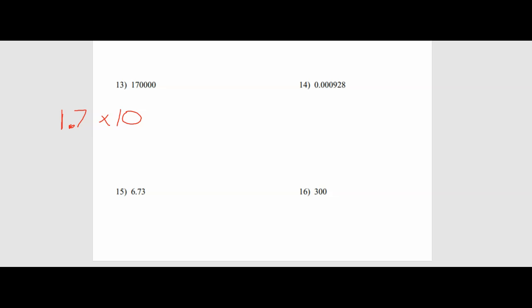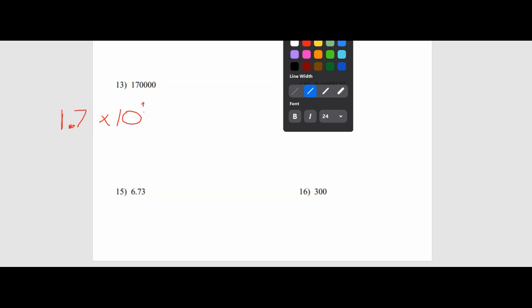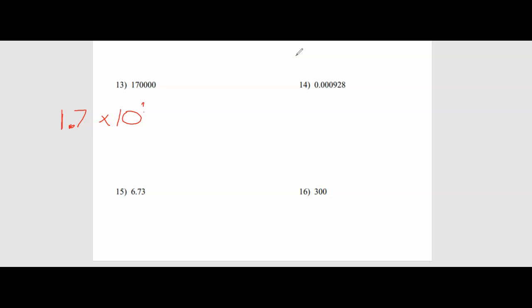Now I need to figure out what the exponent is on the 10. Is that going to be positive or negative? Well, a couple ways to think about this, but we know that our number, 1.7, is smaller than 170,000. So we're going to have to multiply by a positive exponent here. The other way to think about it is, let me just write this out a little larger. It'll make it easier for us.